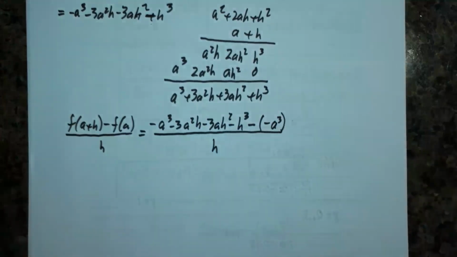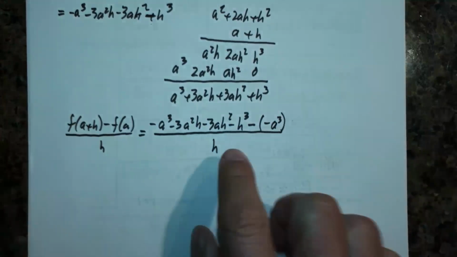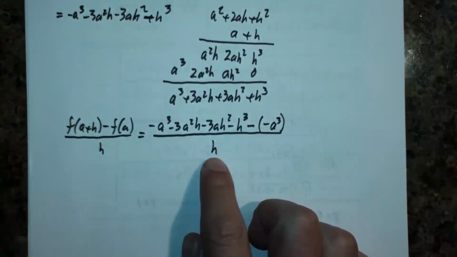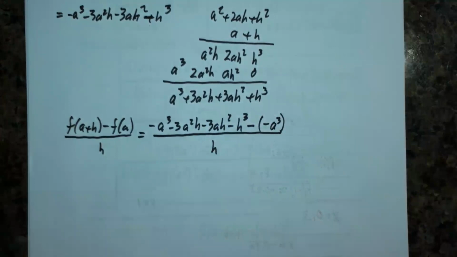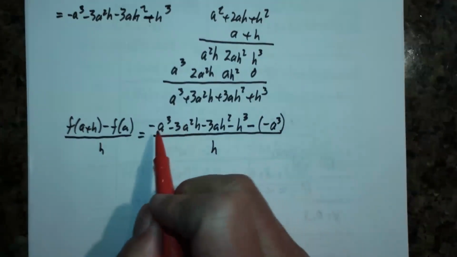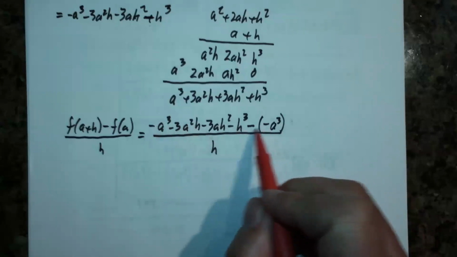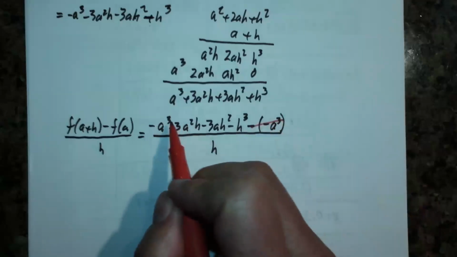Now, believe it or not, our goal is we want to set h equal to 0, but you can see we can't do that because I'll be dividing by 0. So I'm hoping to get rid of that somehow. And we will see that happen right now. So I want to point out that a cubed, negative a cubed, plus, that's a plus a cubed. These are gone.